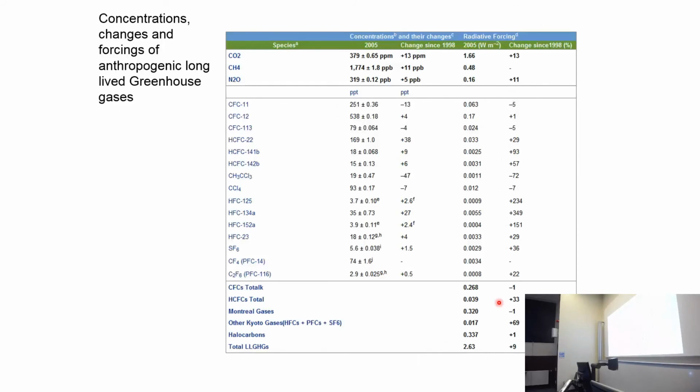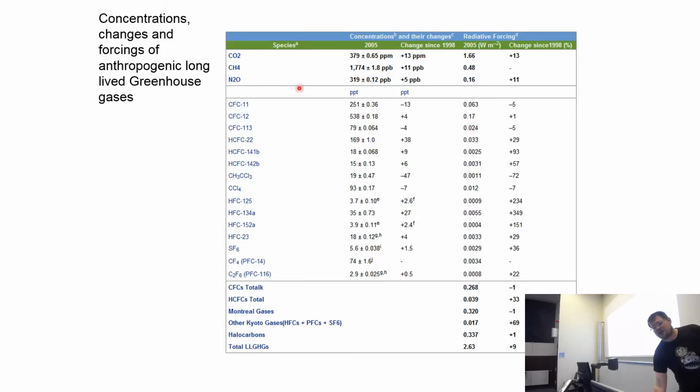So this is a tediously long table of all of the greenhouse gases, which are kind of important. It's a little bit out of date now in terms of the concentrations. This is 2005, so we were only at 380 parts per million of CO2. We're now at 401 and a bit. But the important thing in this table is this column here, the radiative forcing.